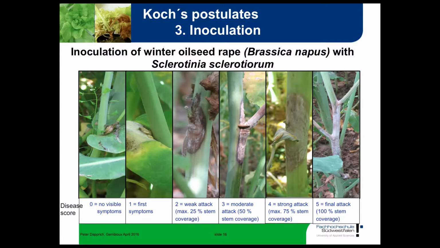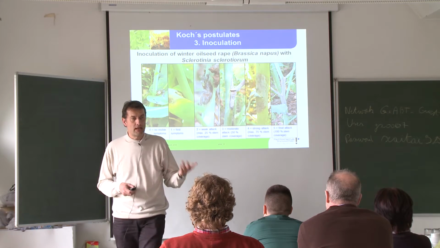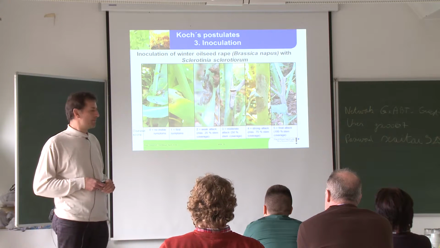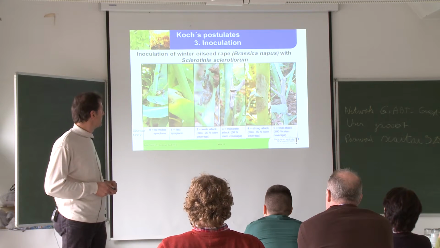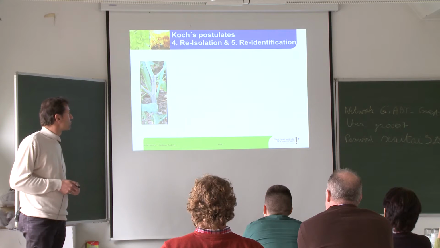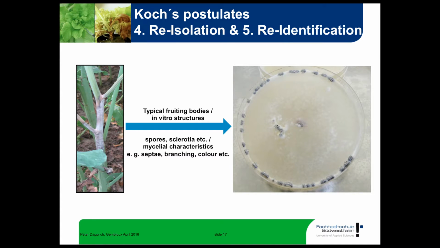And if it does, then you can find a range of different symptoms in time, which then finally gives you, at least in these stages, the opportunity to re-isolate, to put it back onto synthetic medium, and then to find, again, this typical structure. So re-isolation and re-identification, again, back to the culture. Great, that's it.